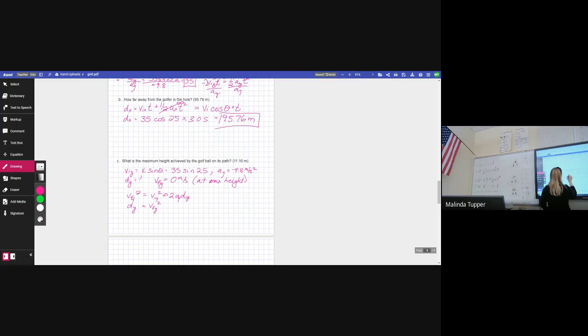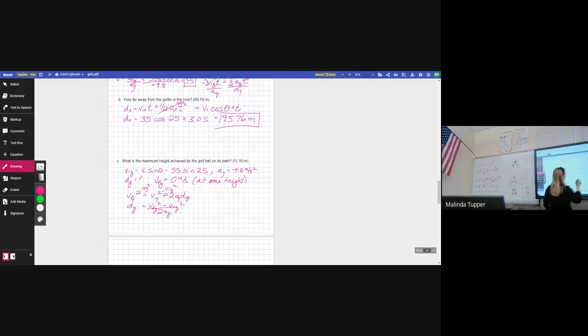I'm going to bring this term over to the other side, so minus viy squared. And then I'm going to get rid of that 2ay in front of the dy by dividing both sides.